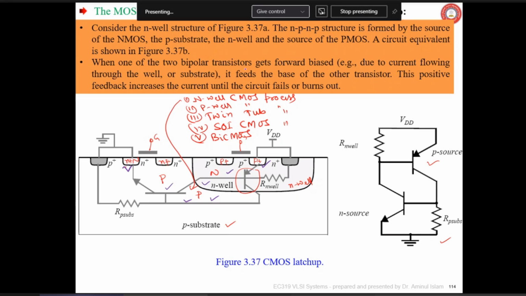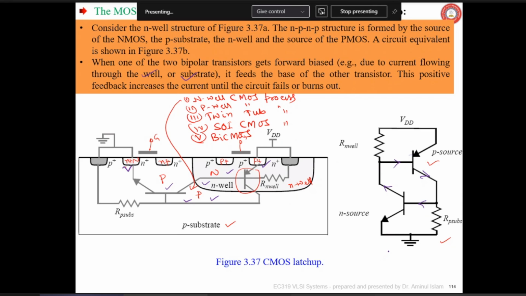When one of the two bipolar transistors gets forward biased, due to current flowing through the well or substrate, it feeds the base of the other transistor. See that the collector current of one is the base current of the other one. The collector current of the bottom NPN transistor is the base current of the other one.